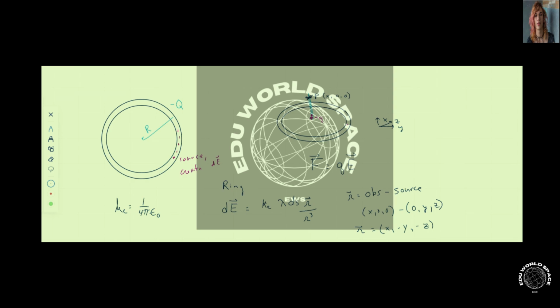And we could write the magnitude. Good old Pythagorean theorem with the simplification that the y squared plus the z squared have to add up to the radius squared.